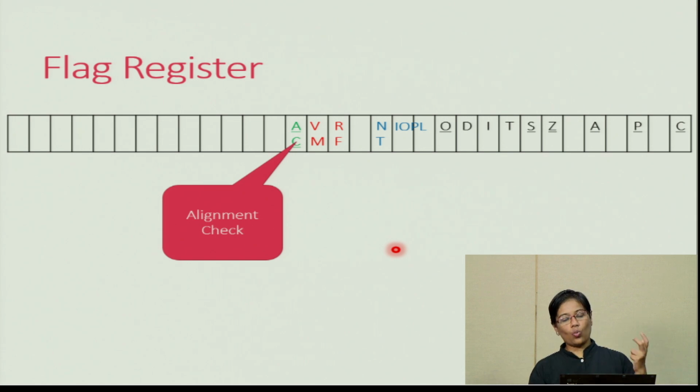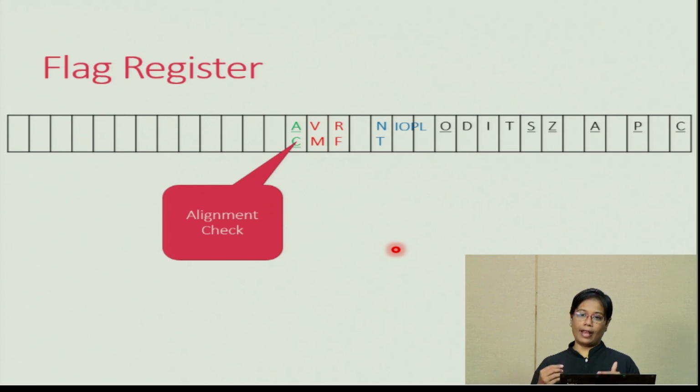So we store one 32-bit data starting from 00 to 03. The next 32-bit data would hence come at 04, 05, 06 and 07. So you need 4 locations to store the 4 bytes of data. Whether this boundary of 00, 04, 08 and so on is maintained or not when the microprocessor is storing the result is indicated by the alignment check flag.